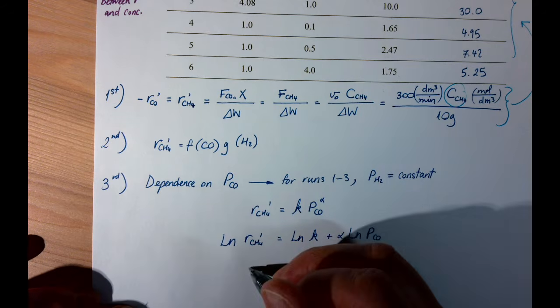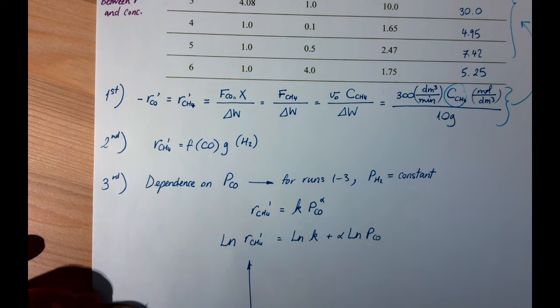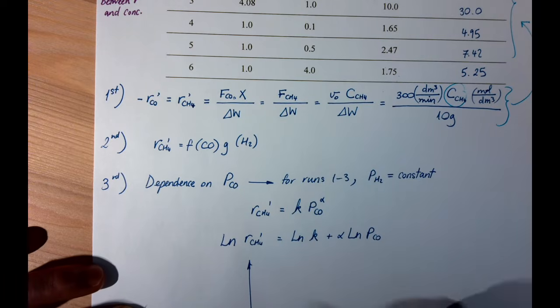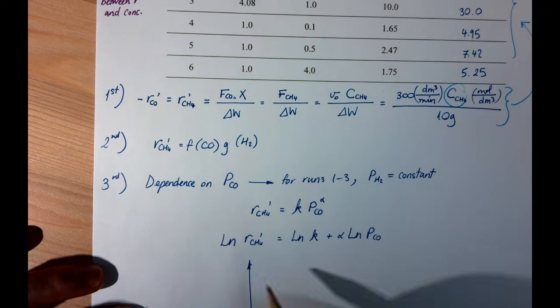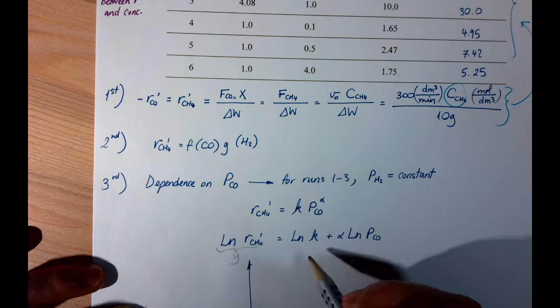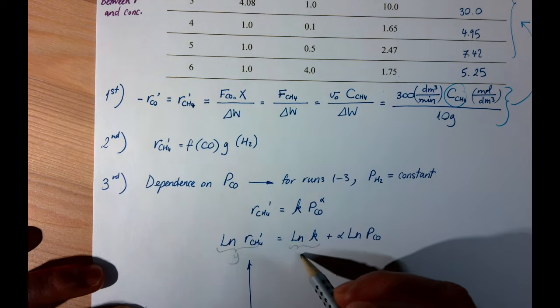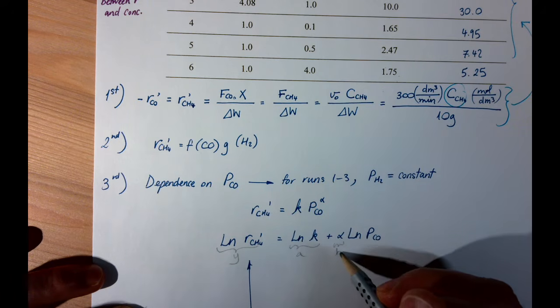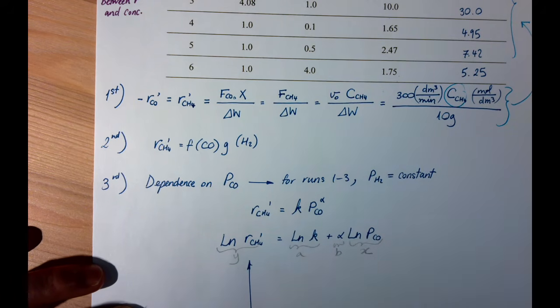Remember, this is the equation of a line where this is y, this is the intercept, B is the slope, and this is your x value.